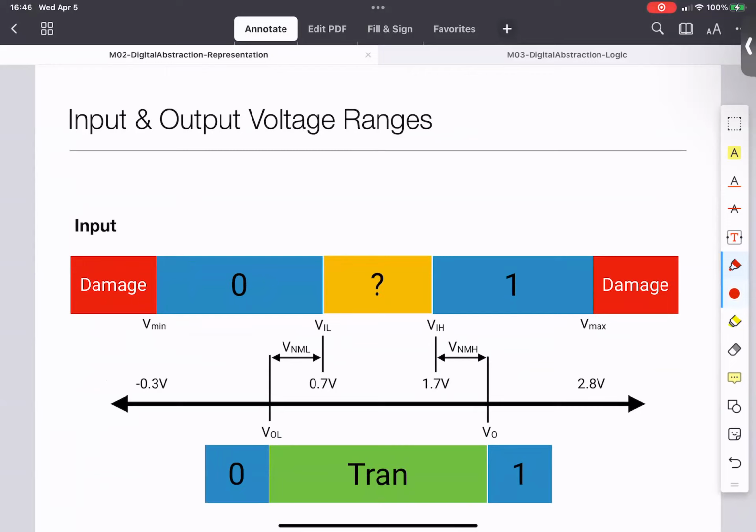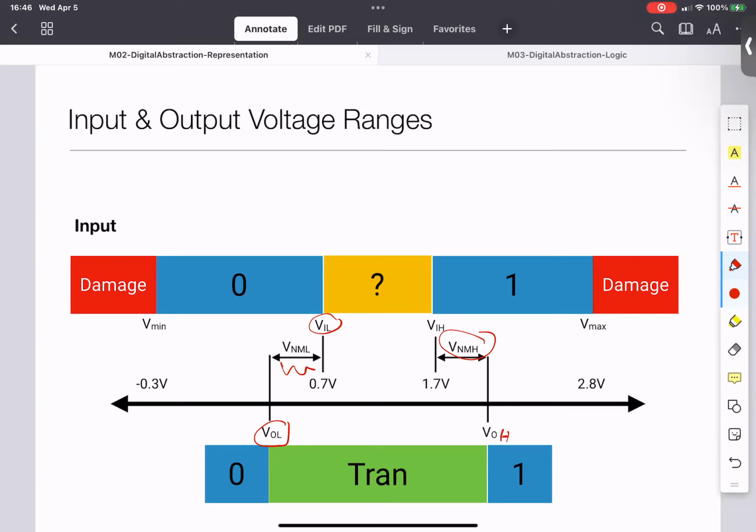VOL is less than VIL, so this is my noise margin, and likewise VOH is higher than VIH, so again I have a noise margin here. Whenever I output a 1, I output a value higher than what I'm willing to accept as a 1, and whenever I output a 0, I output a value lower than what I'm willing to accept as a 0.